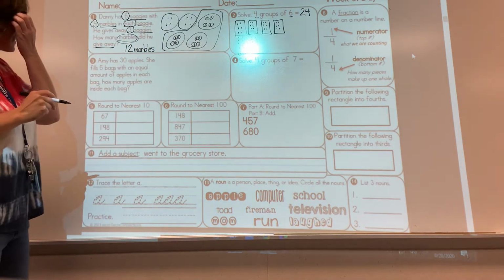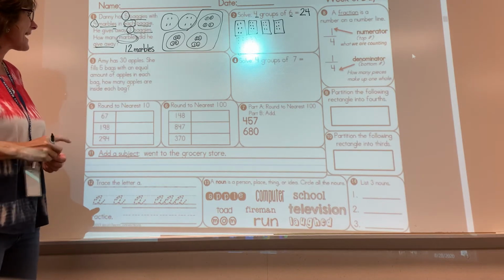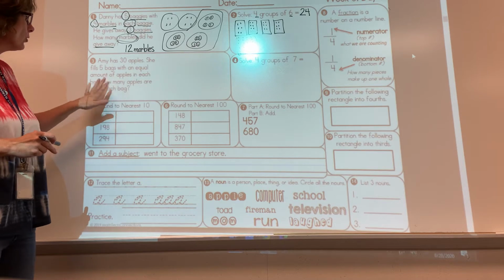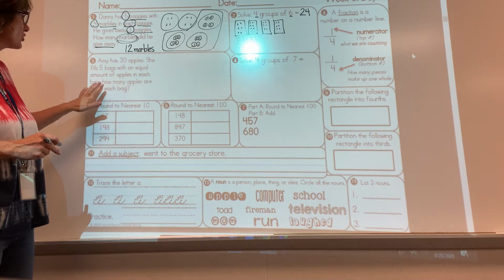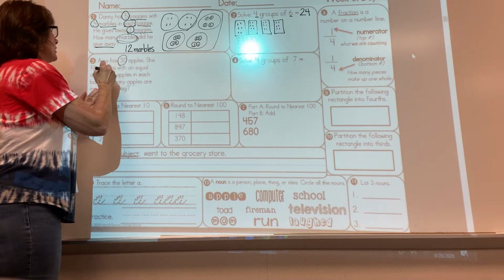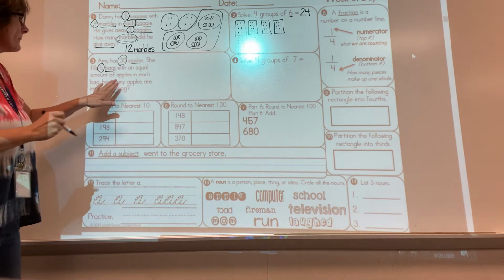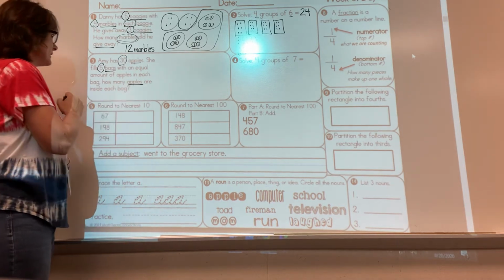Box number 3, Amy has 30 apples. She fills 5 bags with an equal amount of apples in each bag. So I have 30 apples in 5 bags. How many apples are in each bag?